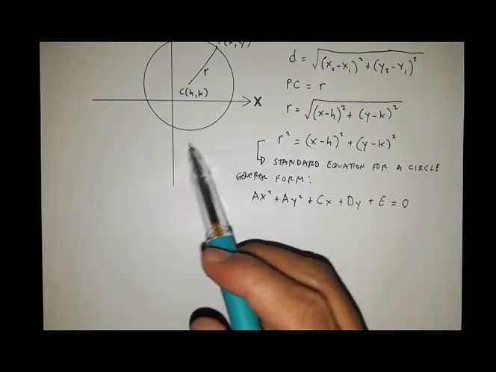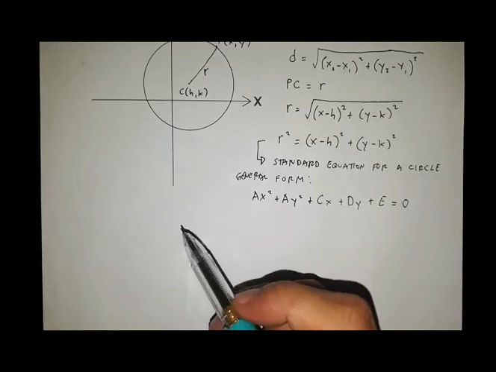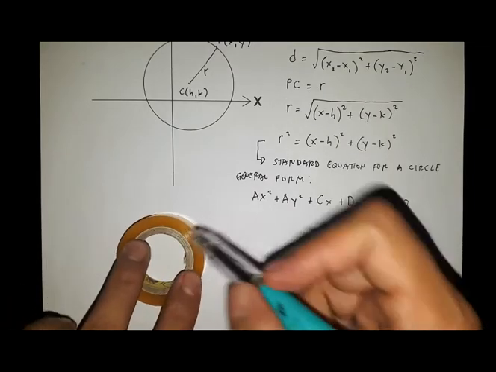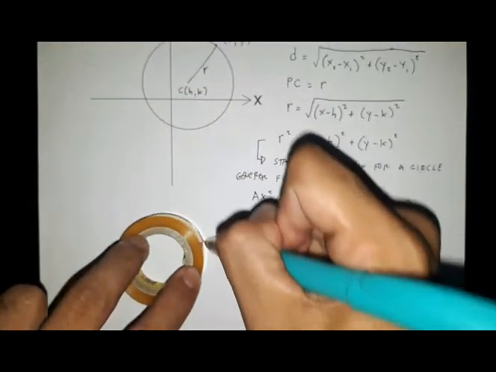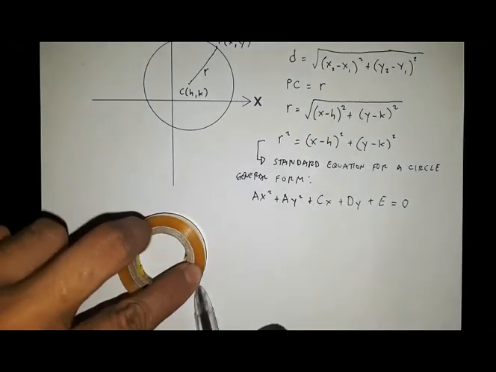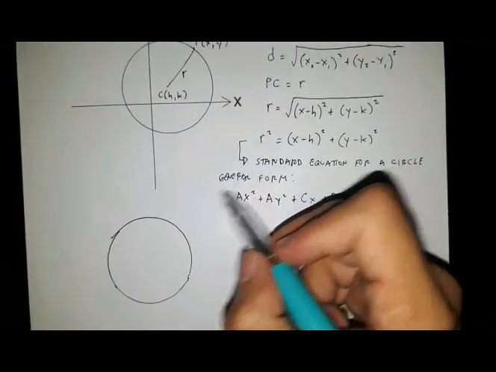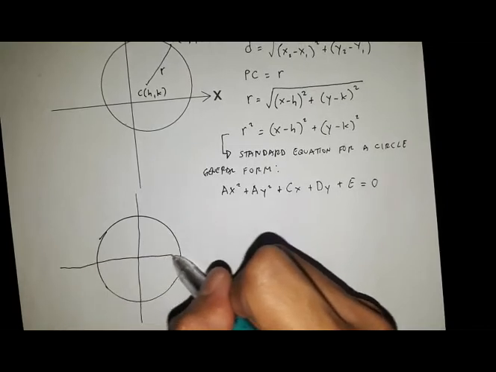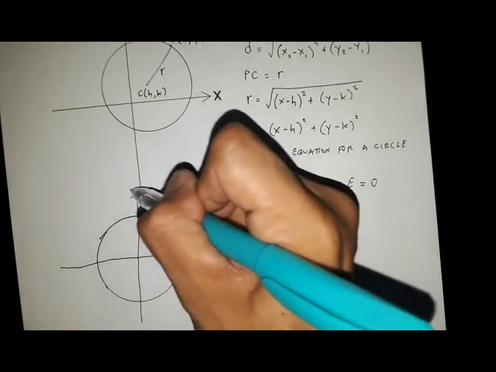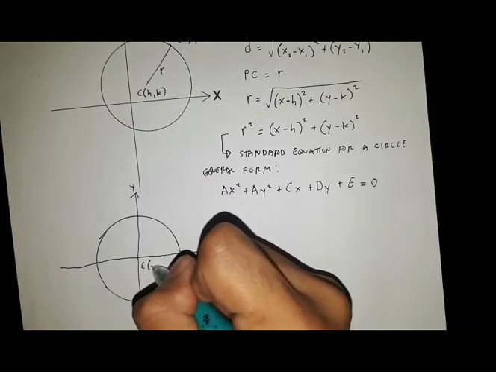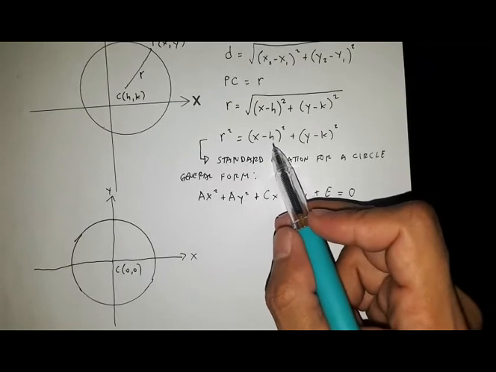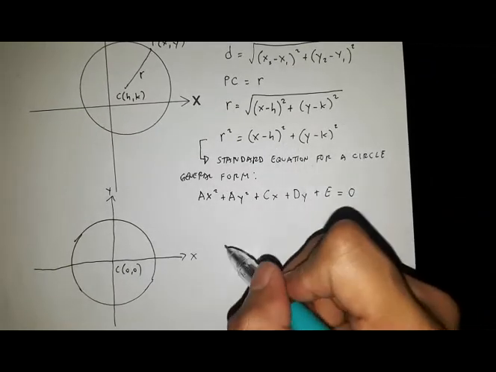Now, if your circle has center at origin, so let's draw another circle. So this is our circle, and it has center at origin. So the value of h and k is 0.